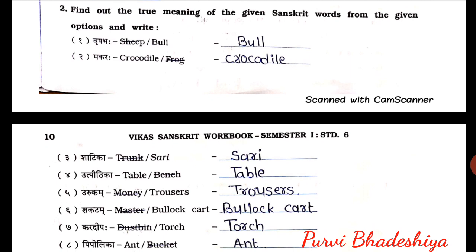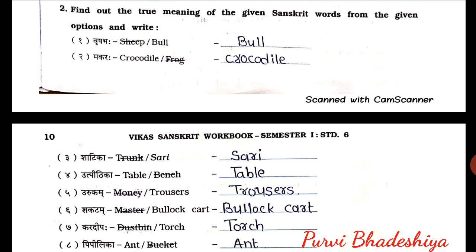Now, let me move further to the second exercise in which they are telling us to find out the true meaning of the given Sanskrit words from the given options and write. So, one Sanskrit word is given and in front of that word two options are given. We have to select the correct one. First one, Vrushabah.